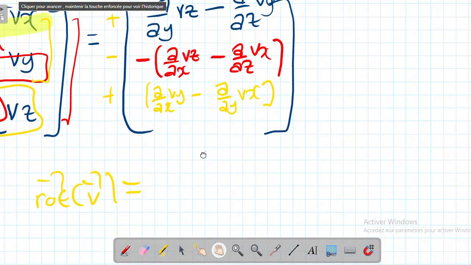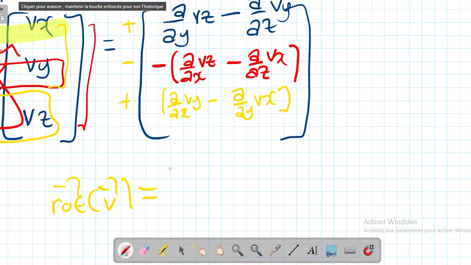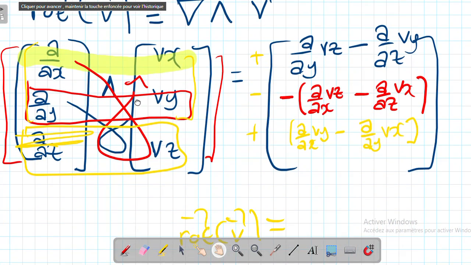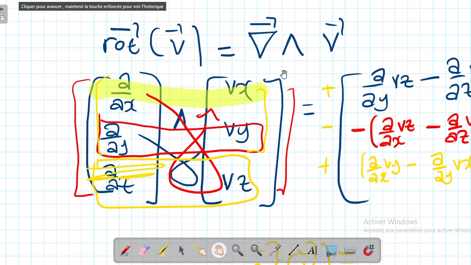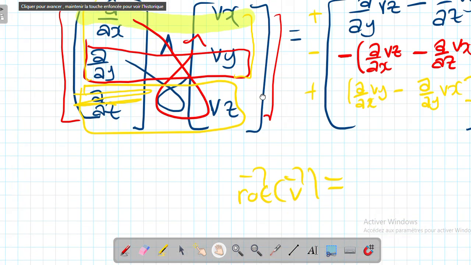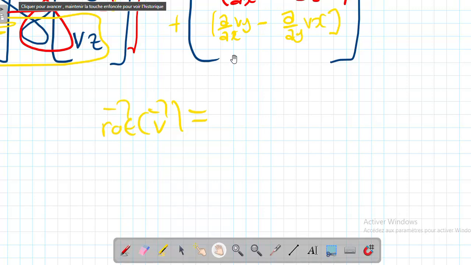When you carry out the vector product and apply everything, you find the formula in Cartesian coordinates. The only thing that will change depending on the system is the nabla operator. The vector will be the same, the formula will be the same.